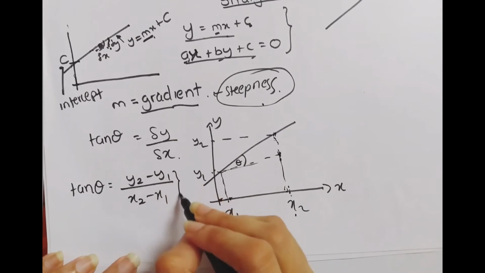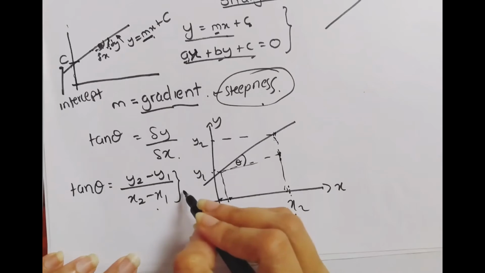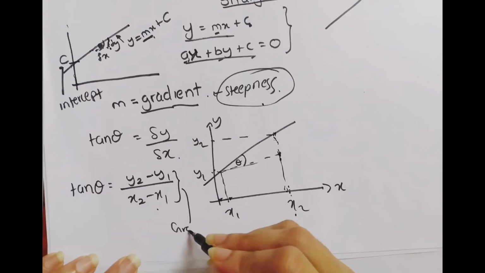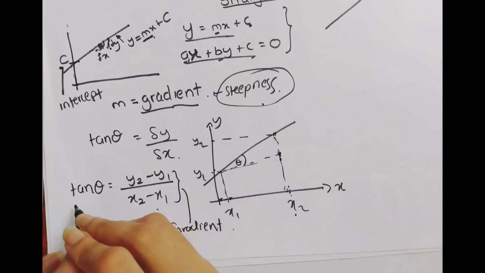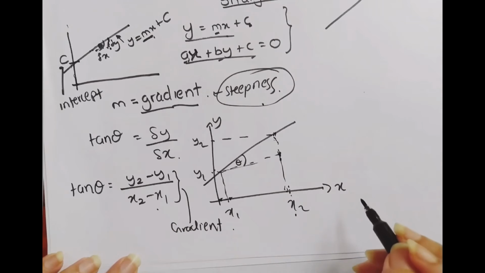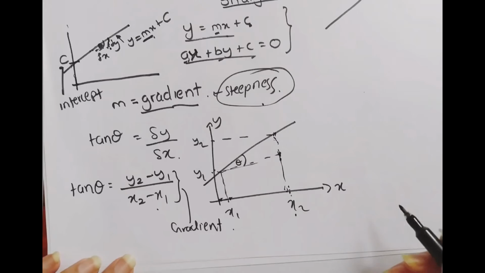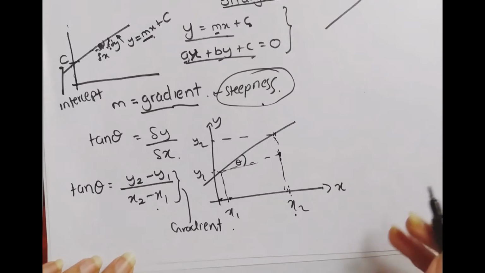The value you get by this division is the gradient. This is how you find the gradient of a line.